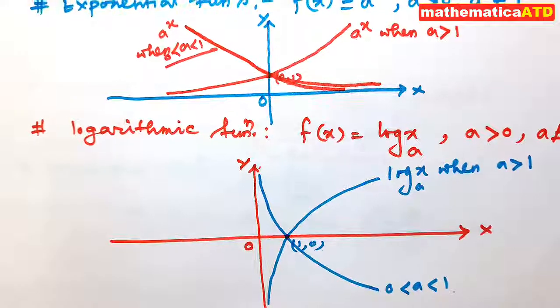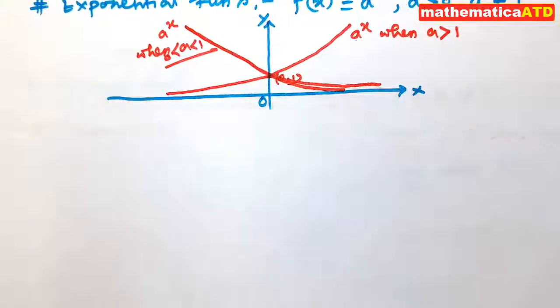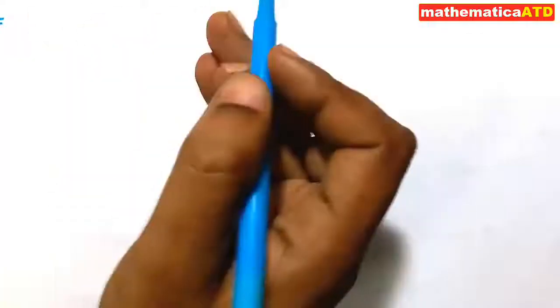Next we shall discuss the trigonometric functions. The first trigonometric function is sin x. So we shall start with sin x. Friends, the function f which associates each real number x to the sine of the number is called the sine function.